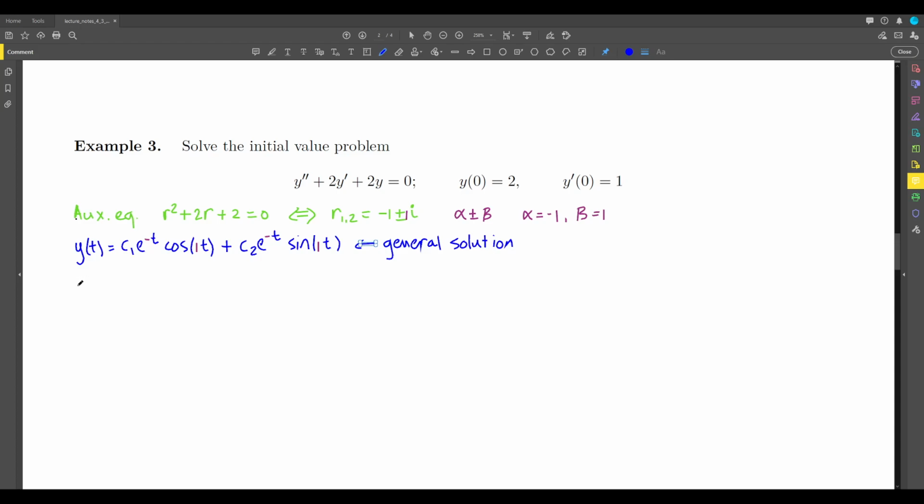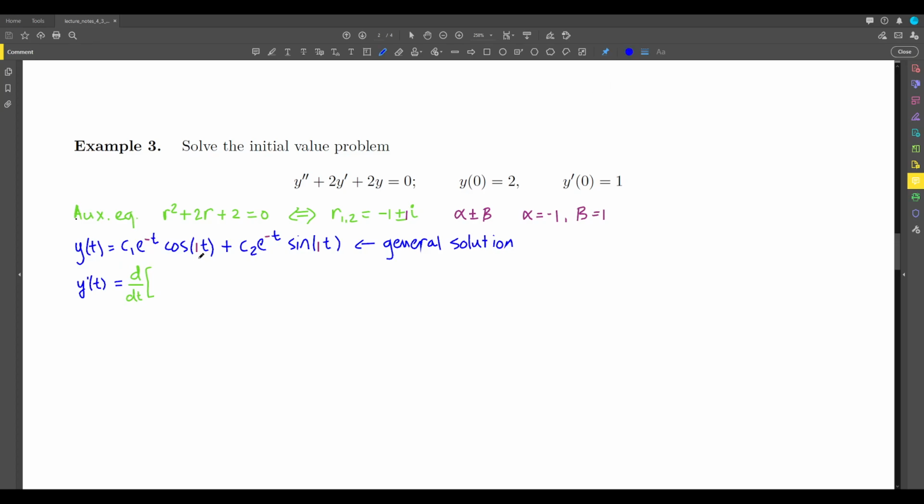So y prime of t is the derivative of this entire thing, right?